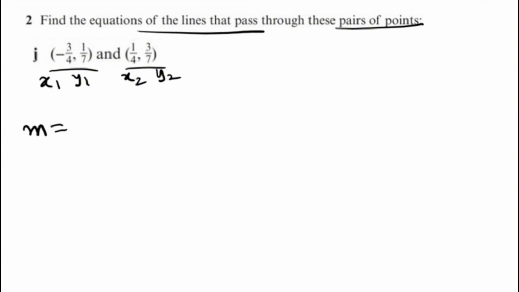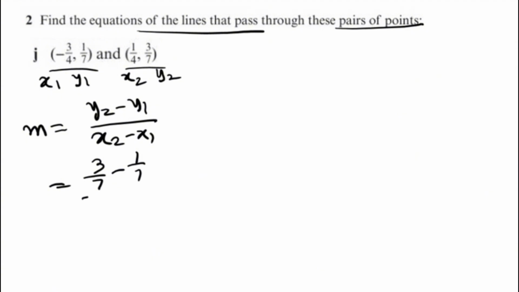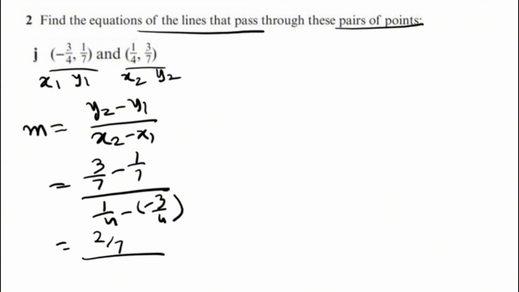What's the formula for gradient? y2 minus y1 over x2 minus x1. My y2 is 3 over 7 minus y1 which is 1 over 7, over 1 over 4 minus minus 3 over 4. When you simplify this, you will get 2 over 7 over, minus minus becomes plus, and you are getting 4 over 4. So our gradient is 2 over 7.